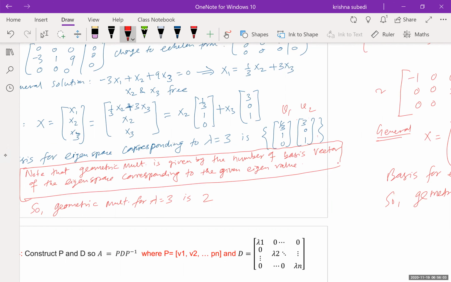It's 2. So my question is, is it always true that geometric multiplicity and algebraic multiplicity are equal? What is your guess? Is it a coincidence or is it always the case? Maybe it's always the case. Any other idea?